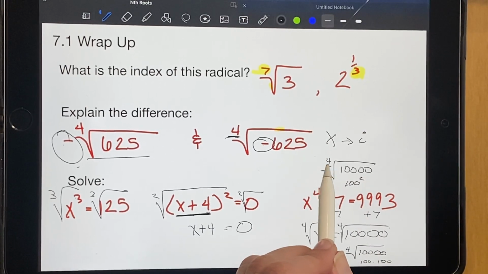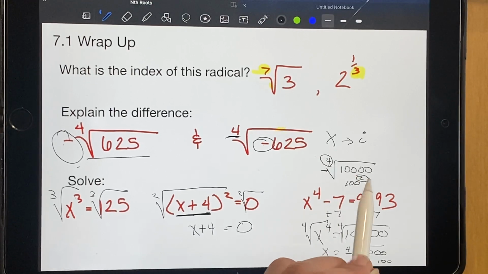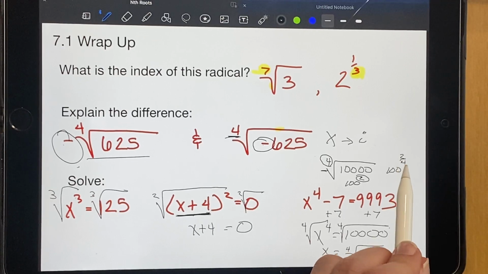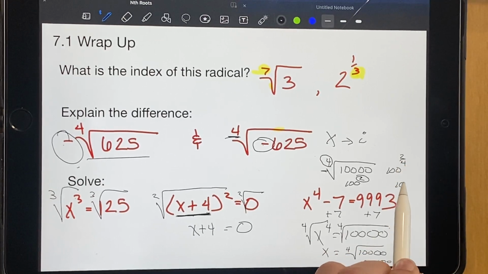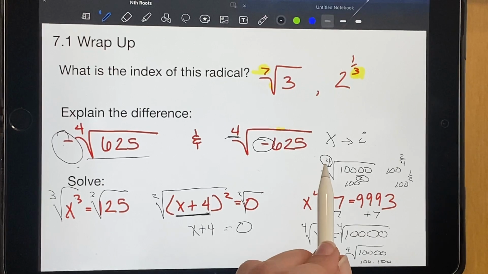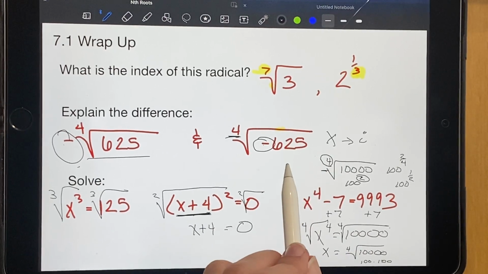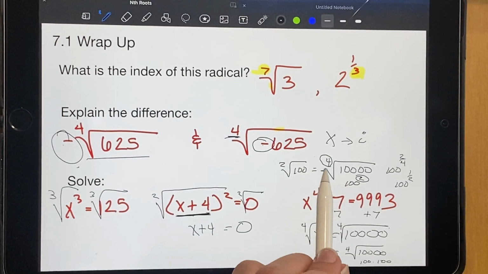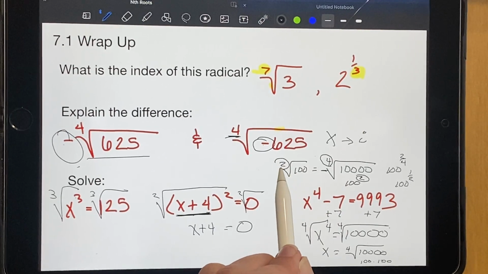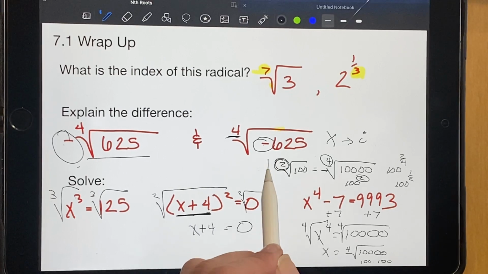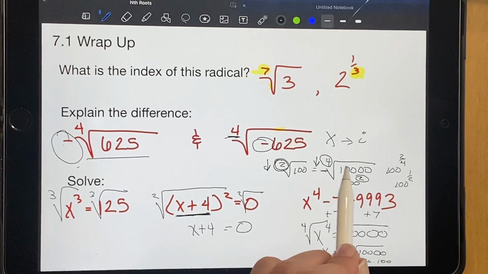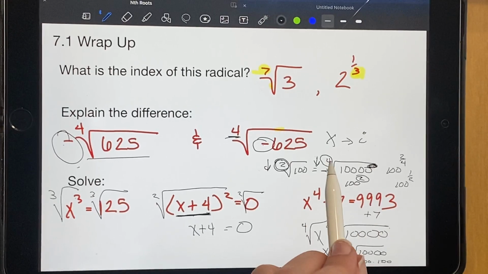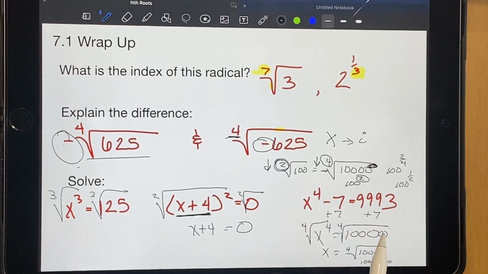And so we can take our radical and our exponent because of the exponent rules and write this as 2/4 or 100 to the 1/2. So we could have rewritten this also as the square root of 100. So we can make our index decrease if we can find a way to have an exponent inside that would simplify that fraction.